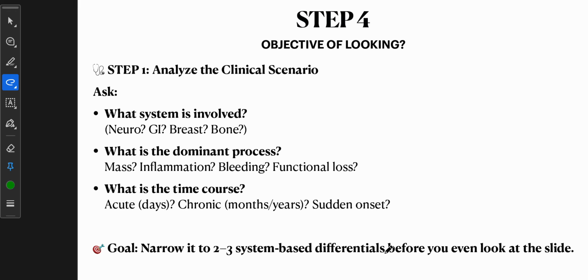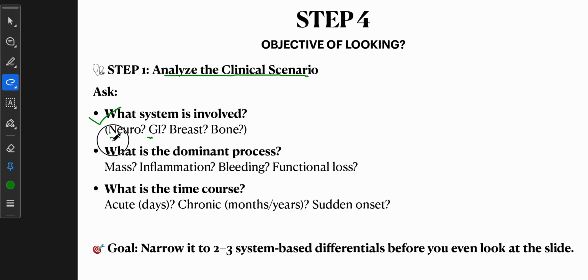Now let's talk. This is where the main important things appear. What is the objective of looking? In step 1, you have to analyze the clinical scenario. You have to ask yourself what system is involved. For example, neuro, right? If there is vestibular tinnitus or that kind of thing, it is a case of neuro. And if there are symptoms like diarrhea or constipation, it is a case of GI, right?